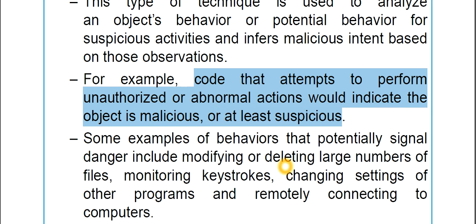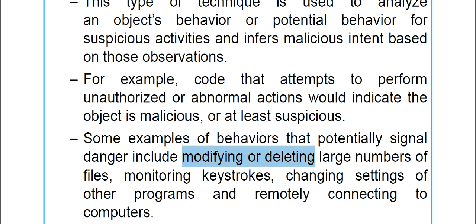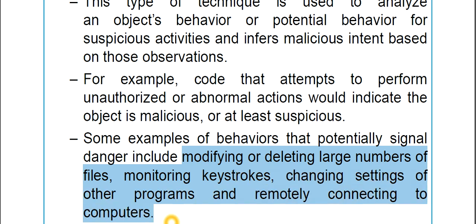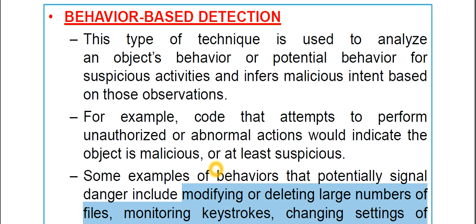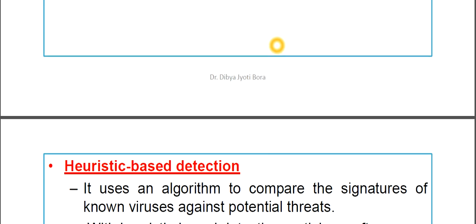Examples of this type of behavior are modifying and deleting a large number of files, monitoring keystrokes, changing settings of other programs, and remotely connecting to a computer. And these are actually changing behaviors. Means if the maximum number of your files are deleted at once, those files may be treated as viruses or possible threats, and they come under the behavior-based detection techniques to scan them. So they are the main different types.